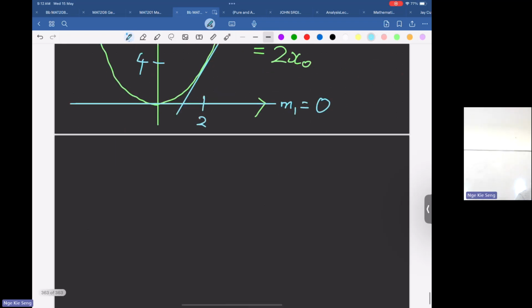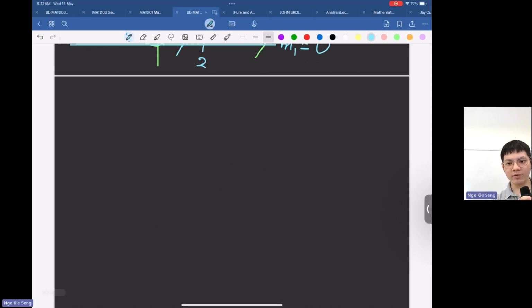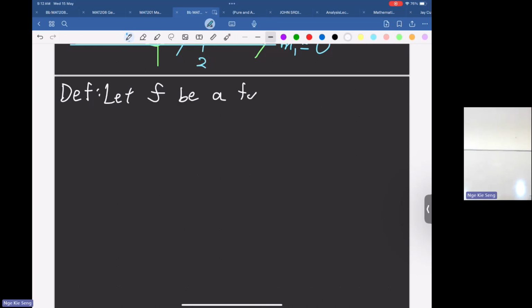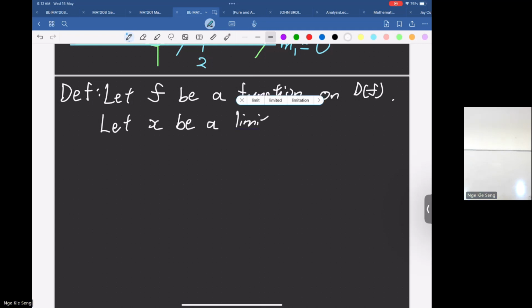So how do we define this limit here? What do we say if this limit exists? What can we say about this function if this limit exists? More important than continuous. So differentiable. Okay, so we say that on the domain of f, let x0 be a limit point.